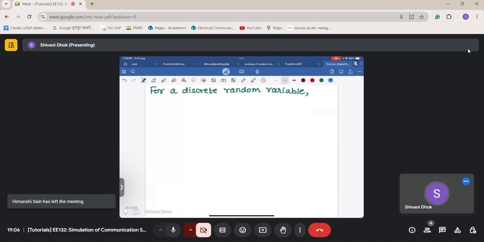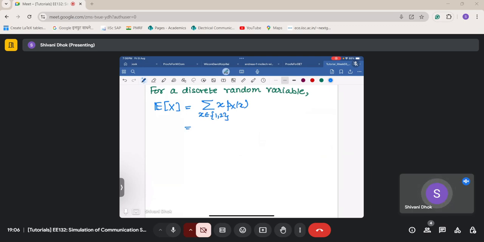expectation of x is equal to summation over x of x into px of x. So here this x takes two values, that is x belongs to 1 and 2. So therefore I can write this as 1 into px of 1 plus 2 into px of 2.